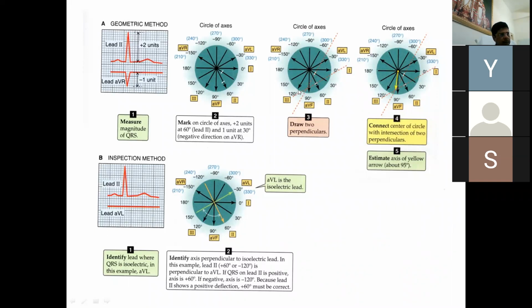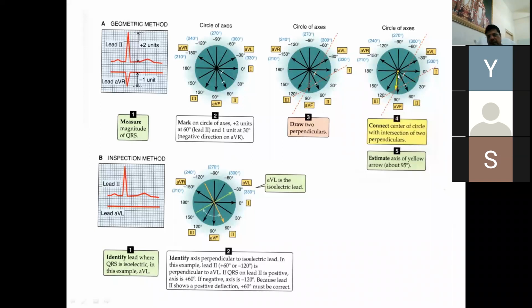The point at which these two perpendiculars cut each other, intersect each other, represents the head of the mean cardiac axis. From the center, you draw one arrow up to that point where these two perpendiculars cut each other. That will be the electrical axis of the heart.